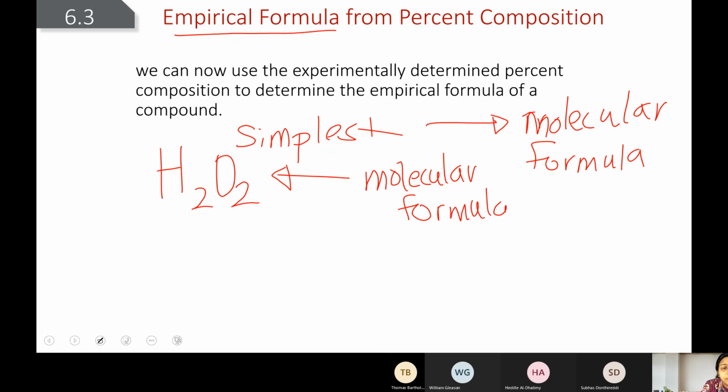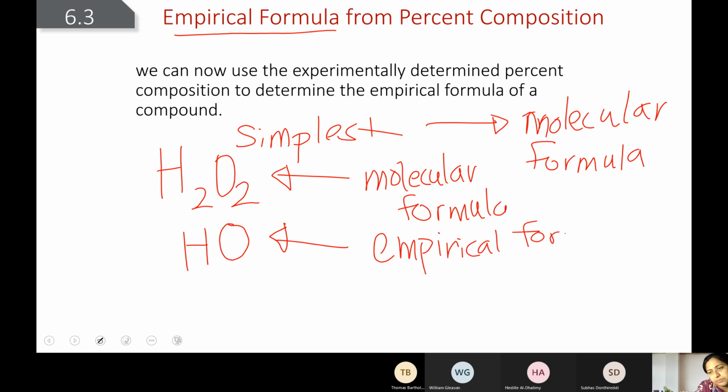Then I will divide everything by its smallest number. So then what would be the empirical formula for the H2O2? It would be HO. That is the empirical formula for the hydrogen peroxide.